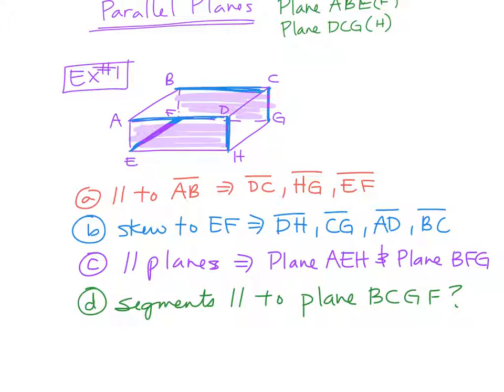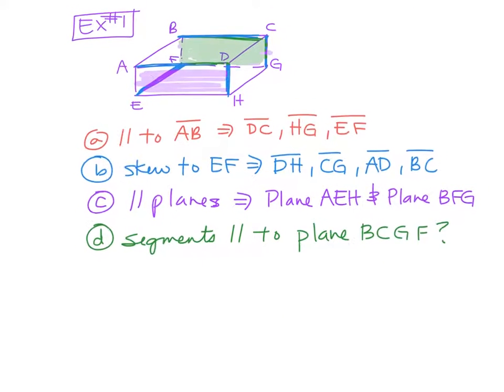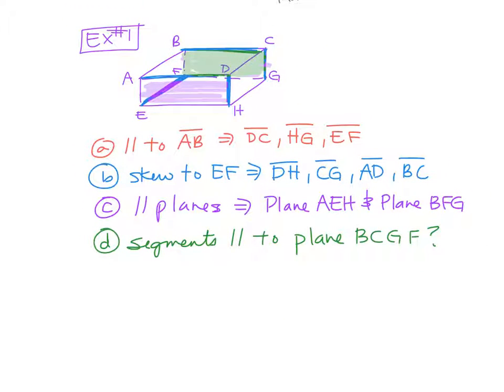Which plane is that? That's the back plane. Okay, so if this is the plane we're looking at, I want all the segments that are parallel to that. What segments would be parallel to that? What plane was parallel to that? ADH, right? That whole front plane.